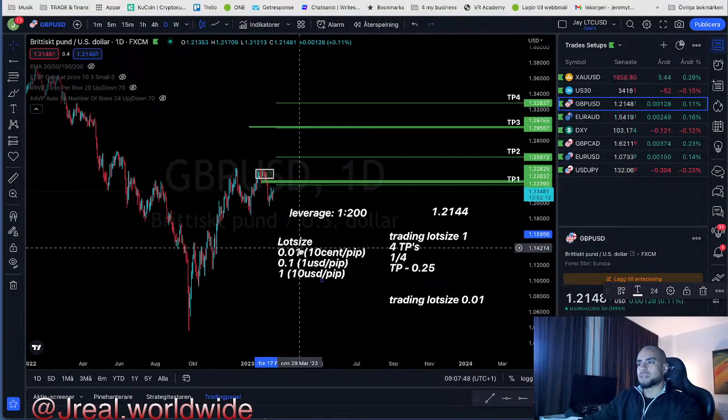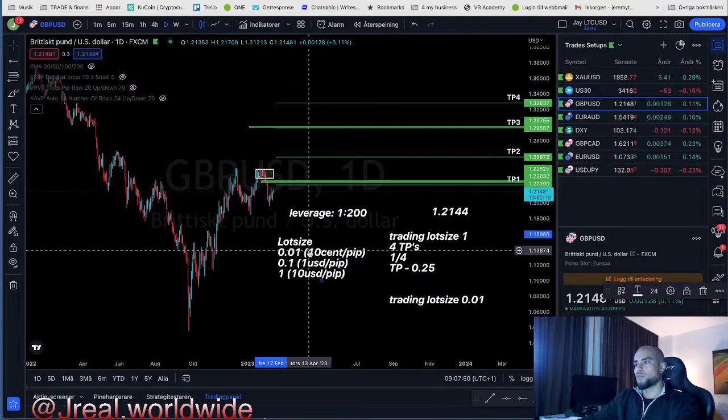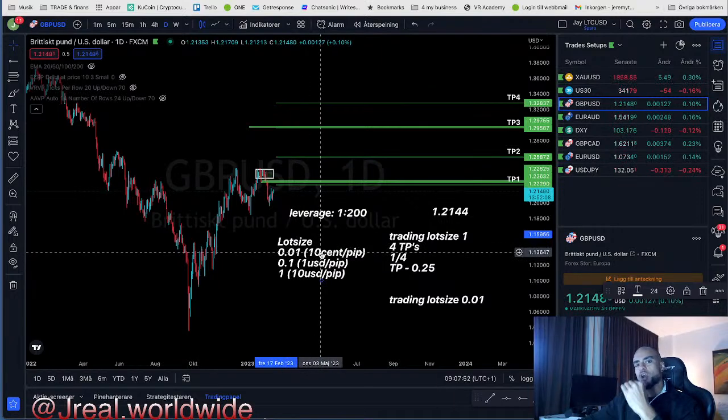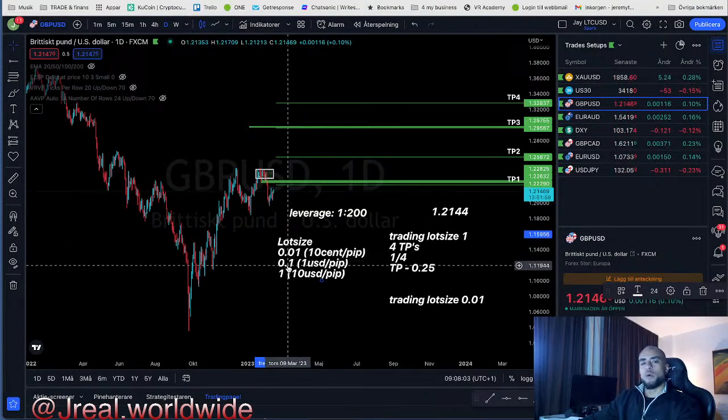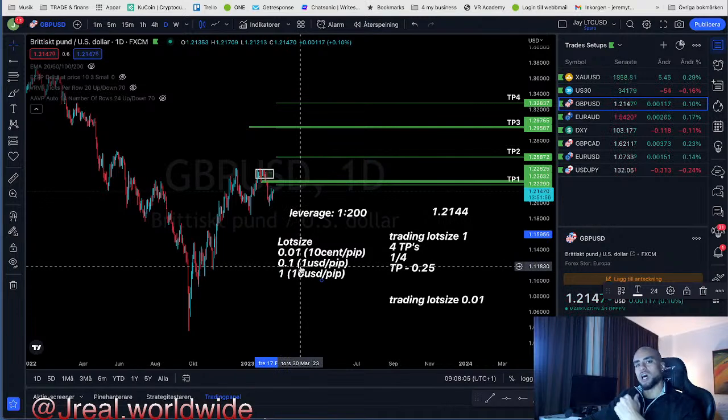And a micro lot is 10 cents per pip. So for every pip the market moves, you make or lose 10 cents. The next lot size is 0.1. That's $1 per pip. So for every pip the market gains or loses, you win or lose $1.